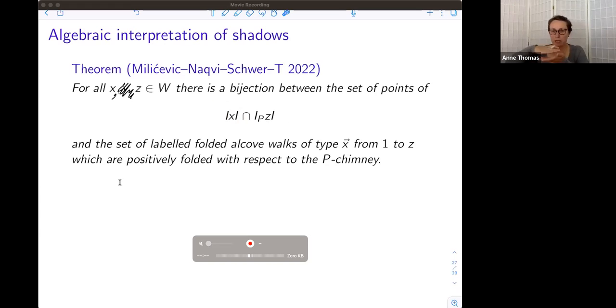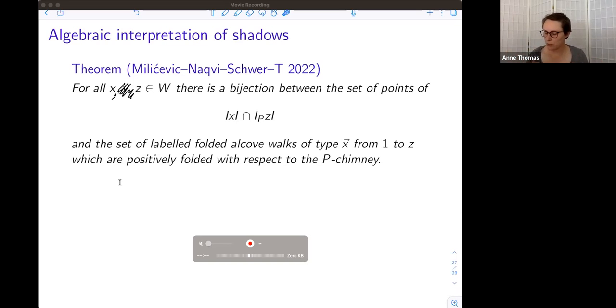Previously we just had galleries living in a single apartment. A labeled folded alcove walk is really recording where it's going in the building, which flap it goes along. And so what this is saying is that these mysterious double coset intersections can be got hold of by understanding the folded galleries picture.